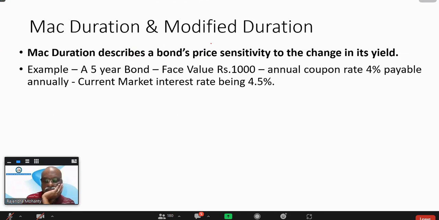For the second one, 4.5 to 6%. What is the yield change? 1.5. So you multiply that by 1.5 only, right? Okay, sir. Okay, thank you.